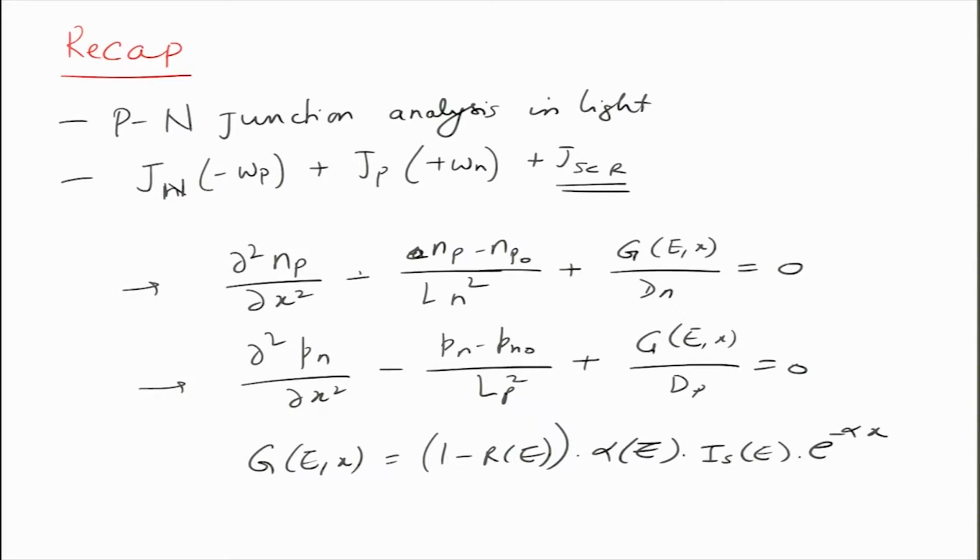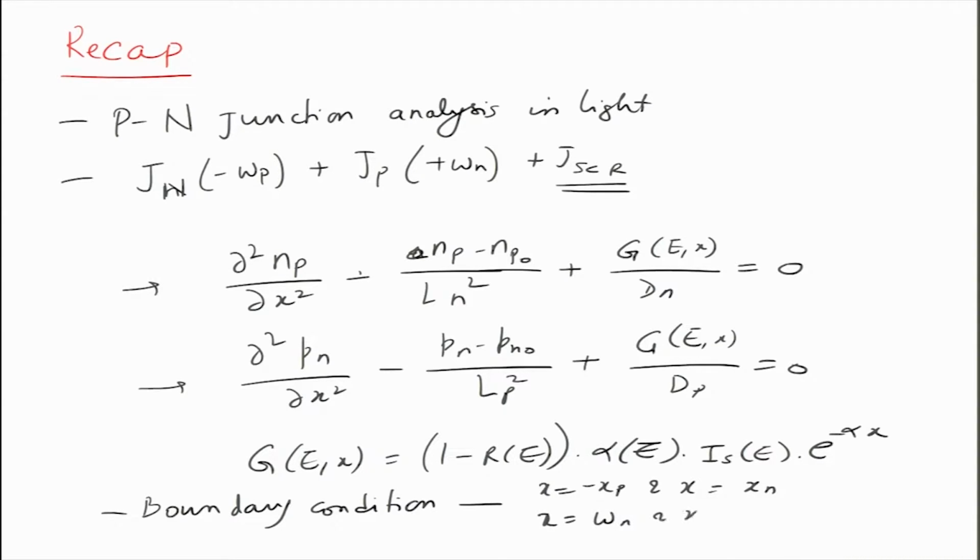These were the equations with which we started, and we also made certain boundary conditions, at x equal to minus xp as well as x equal to xn, and at x equal to Wn and x equal to minus Wp.